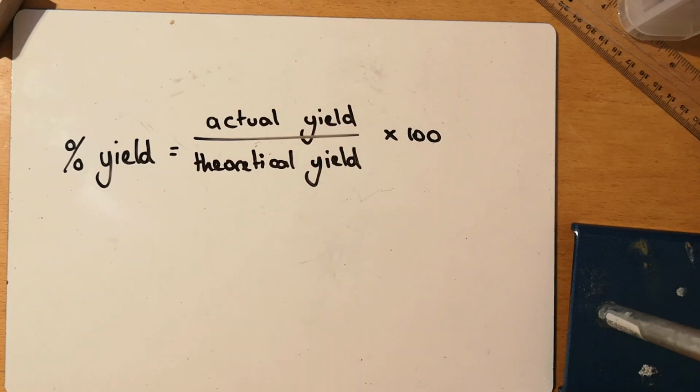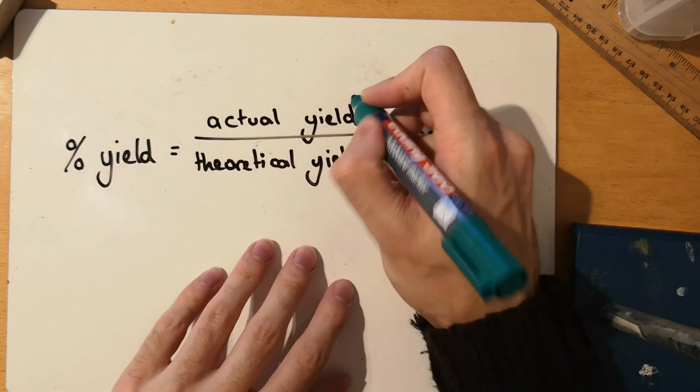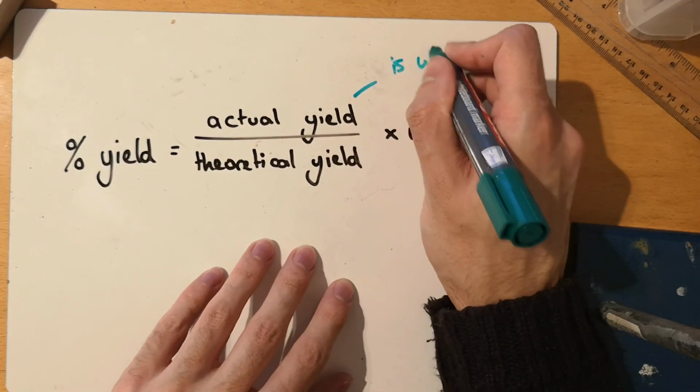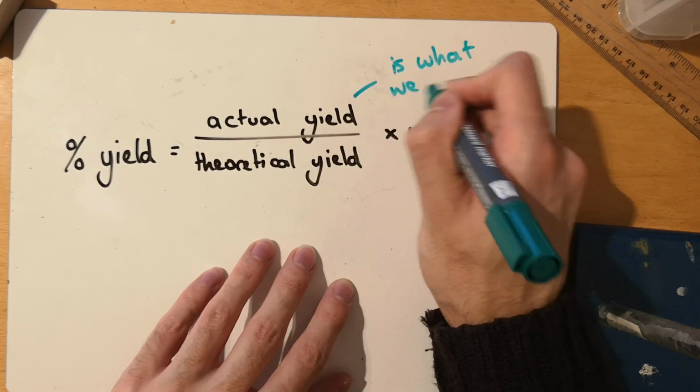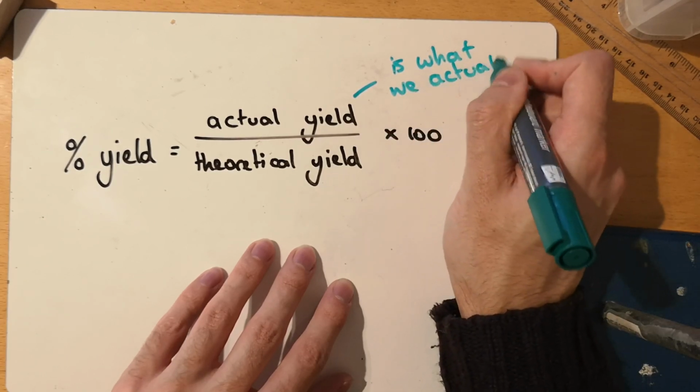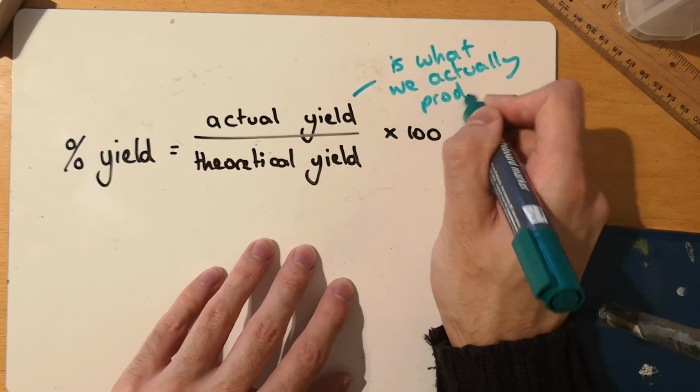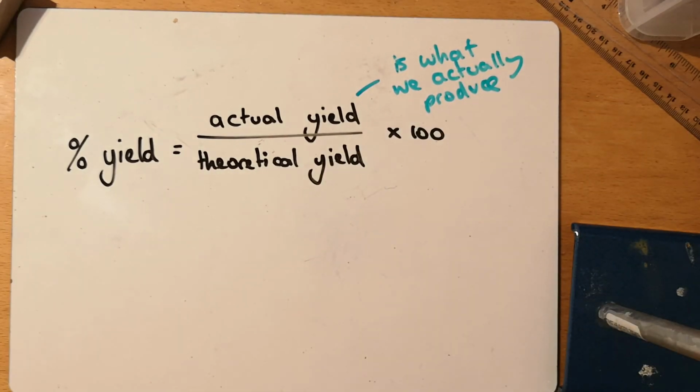Now what these two things mean, the actual yield is what we actually produce. So if you do a practical and you get 12 grams of something at the end, that's your actual yield.